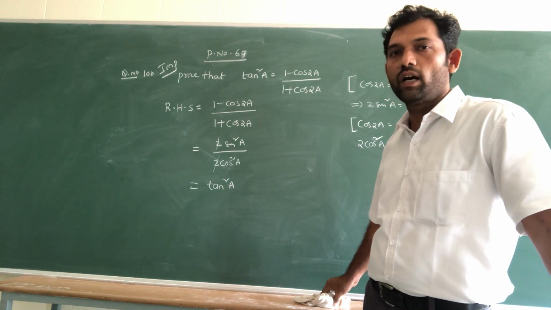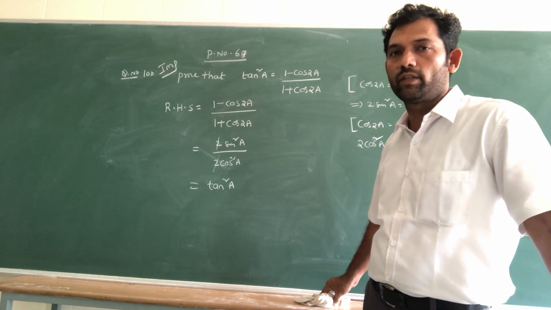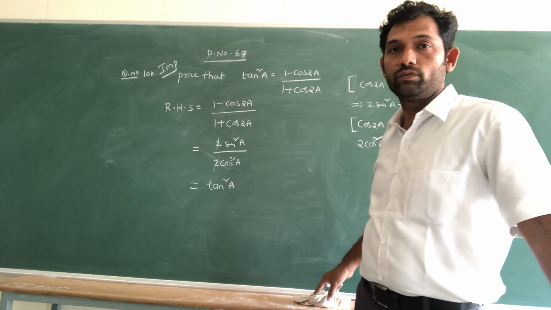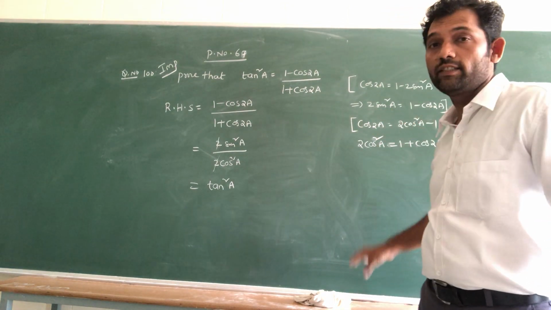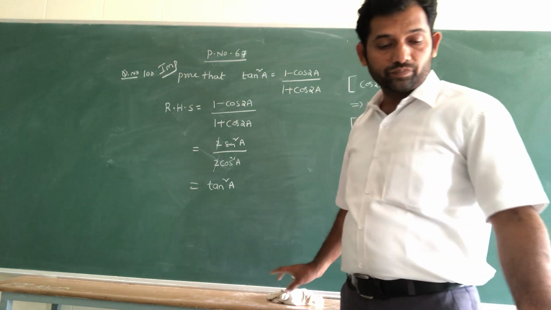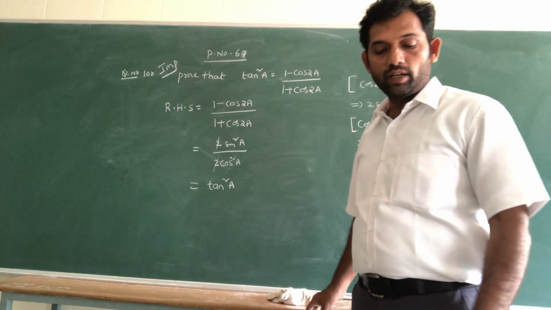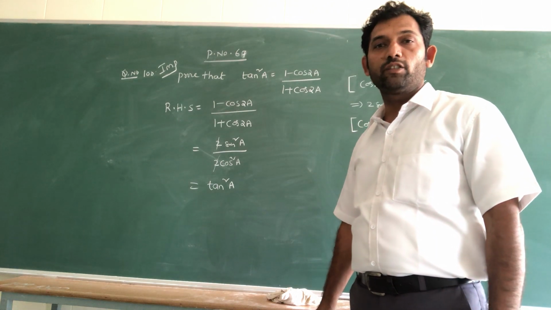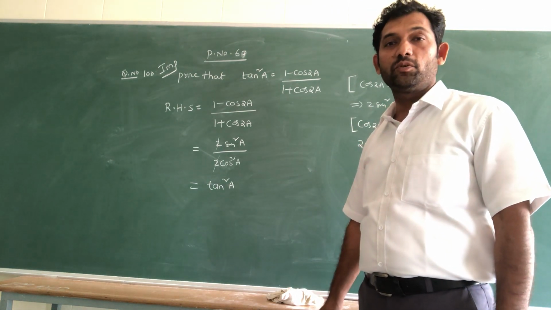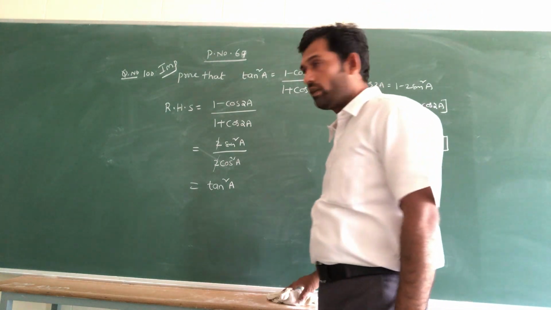Using these formulas we can simplify sine 22.5 degrees, cos 22.5 degrees and tan 22.5 degrees. You see one question from this.